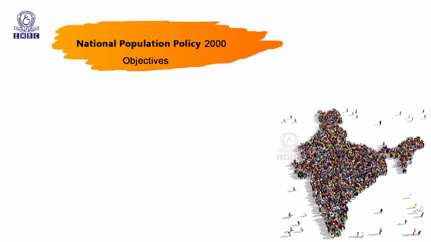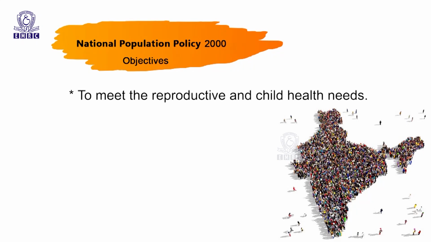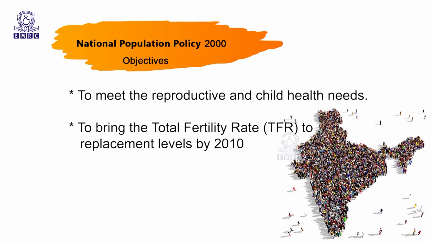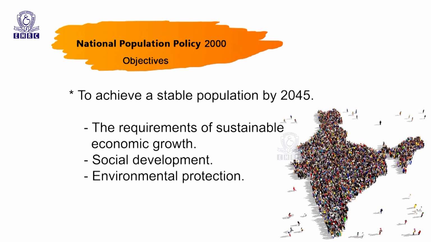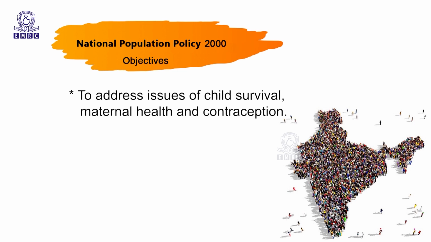Now, the National Population Policy 2000. The objectives of this policy are to meet the reproductive and child needs, to bring the total fertility rate, that is TFR, to replacement level by 2010 and to achieve a stable population by 2045 at a level consistent with the requirements of sustainable economic growth, social development and environmental protection, and to simultaneously address issues of child survival, maternal health and contraception.